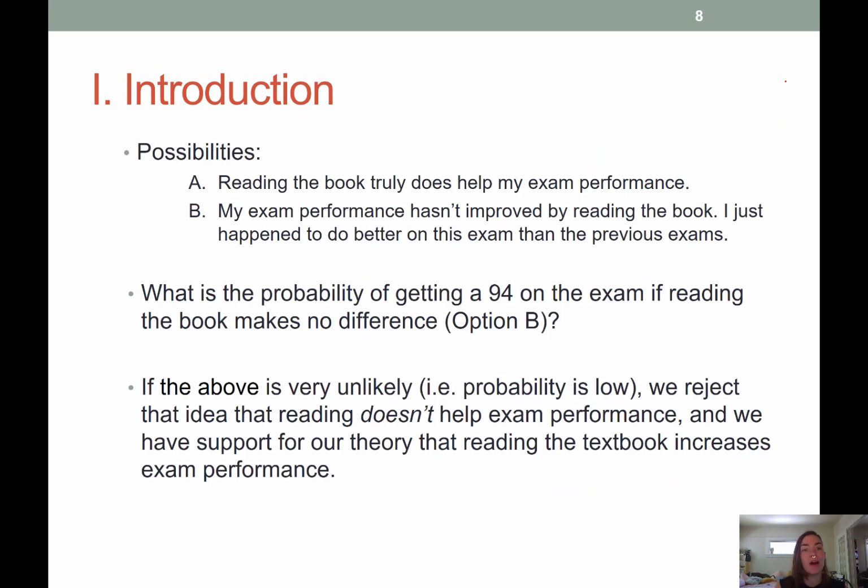Hopefully you're thinking that the possible explanations are either A, that reading the book really improves exam performance, that it works, right? Or alternatively, that reading the book makes no difference, but my exam score just improved. It just happened to, by chance, be a higher score than my average score, right?